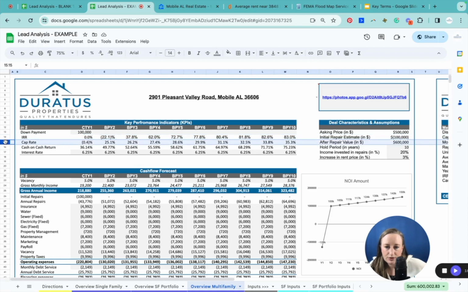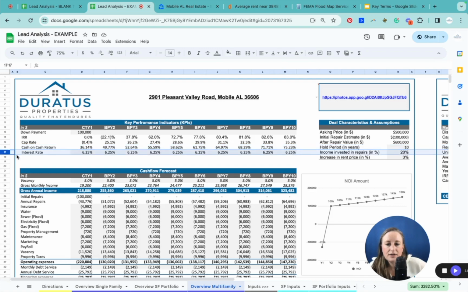We're looking at a high cap rate of 25%. Cash on cash return is really healthy, 36% up to almost up into the 50s.